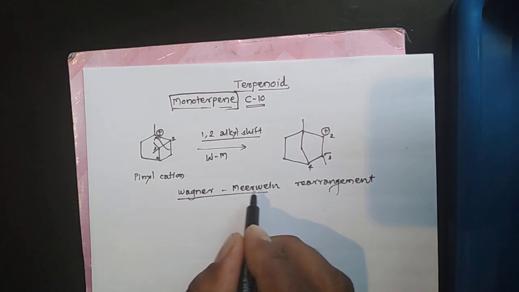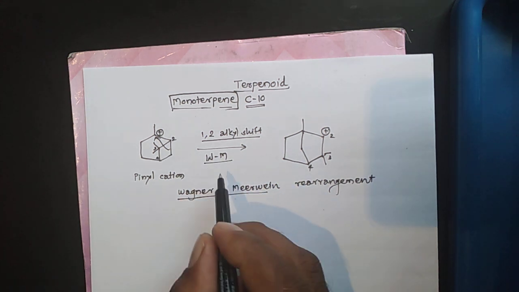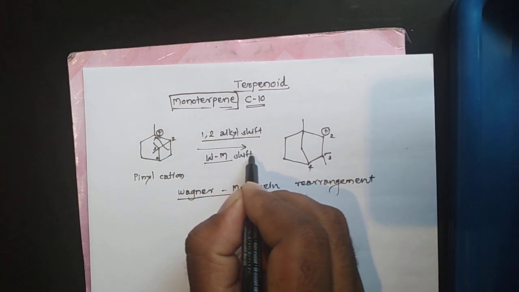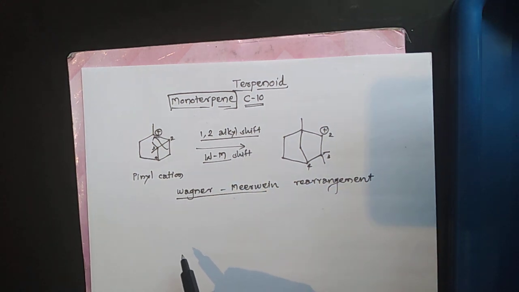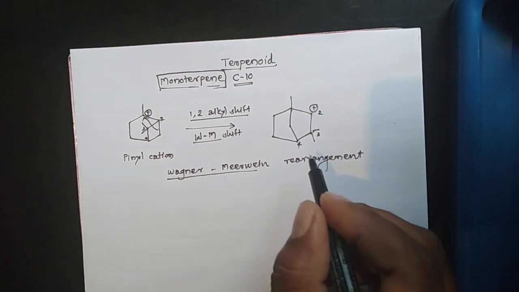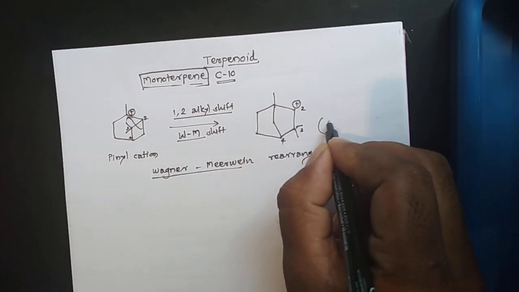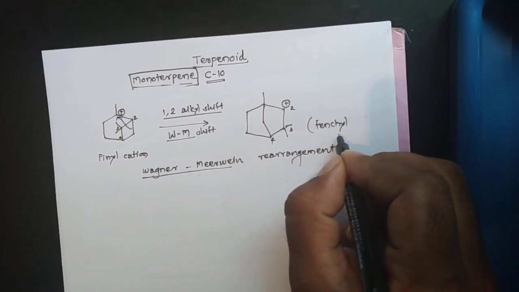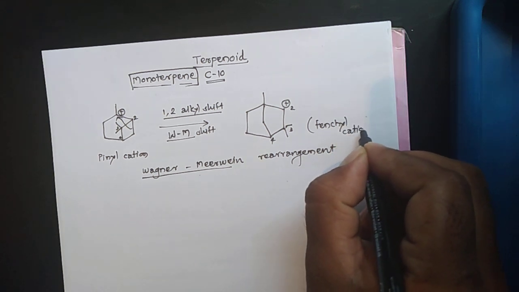This is the name, or in short WM shift also we can write. So this is an intermediate called the fenchyl cation.